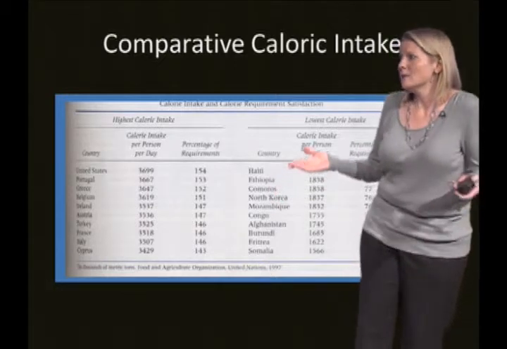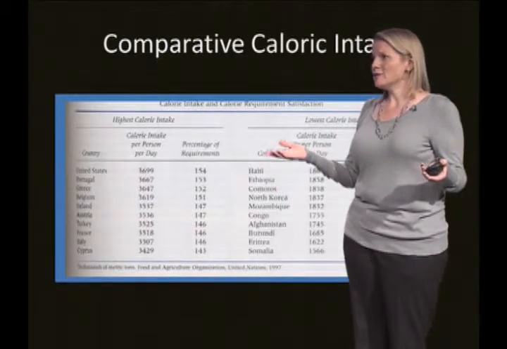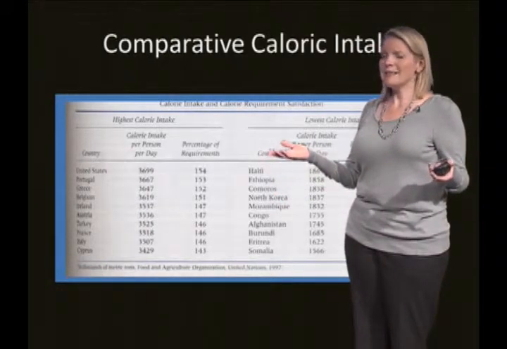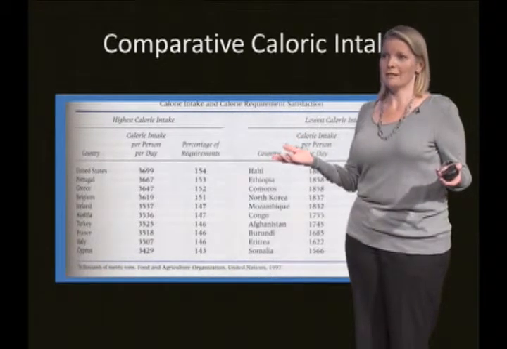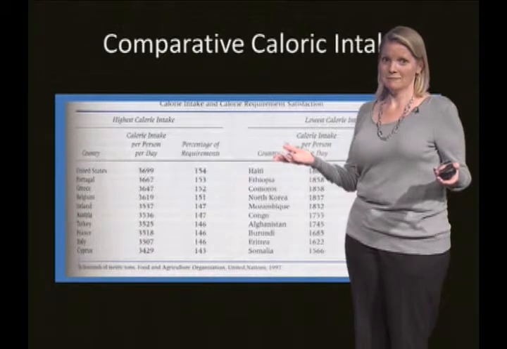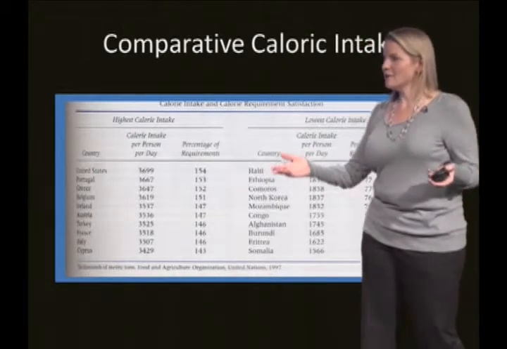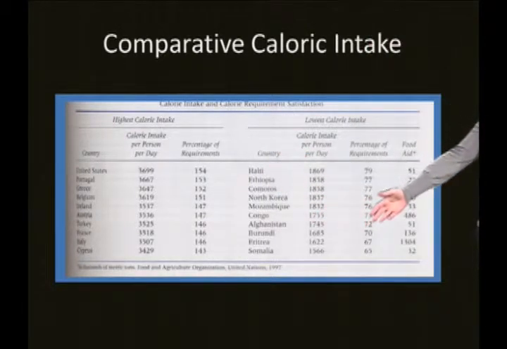With an average consumption of 3,699 calories a day, we're meeting 154% of our needed requirements. Contrast that with Somalia at the bottom, at 1,566 calories a day, which is only 65% of the required needs. And much of that, about a third, is coming from external food aid.